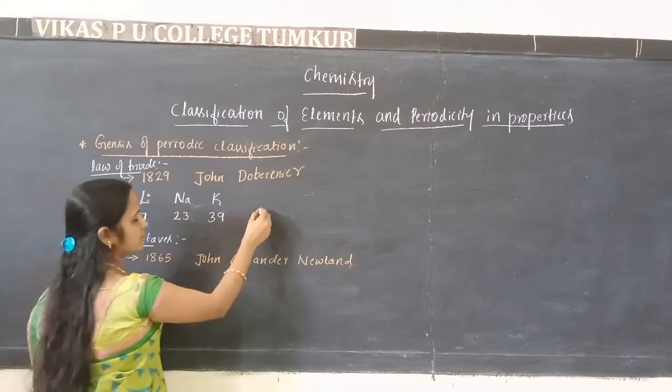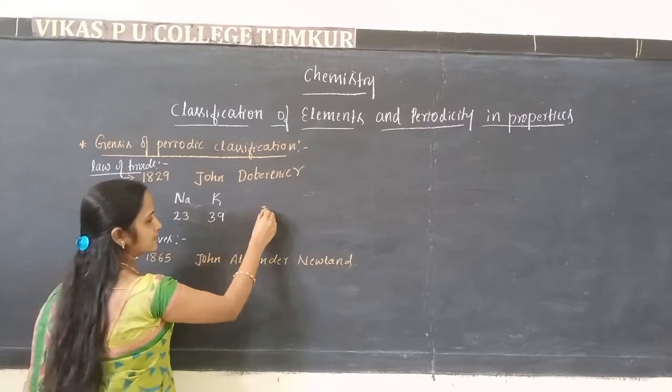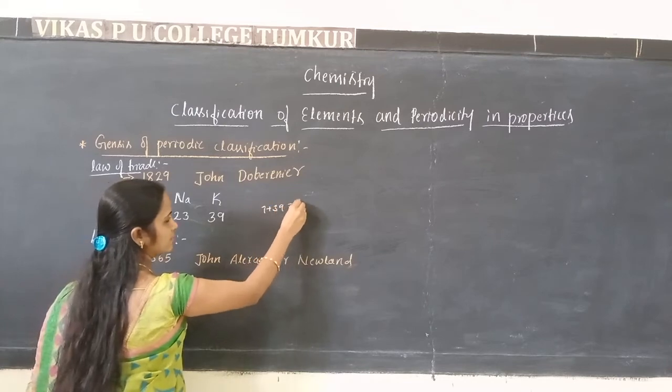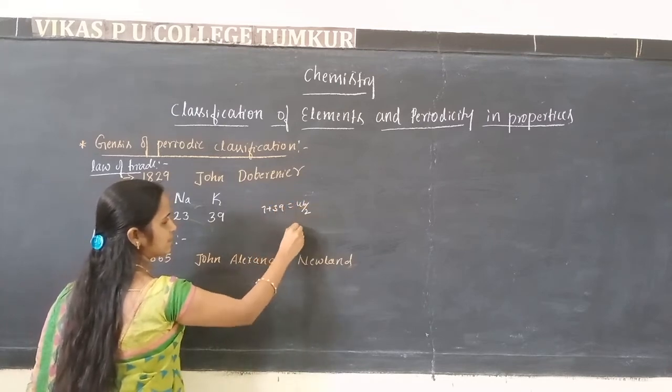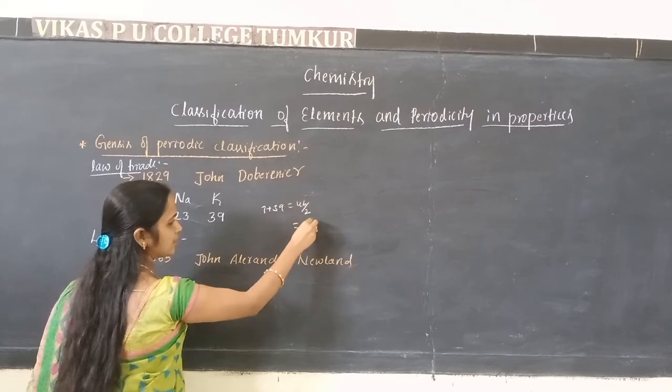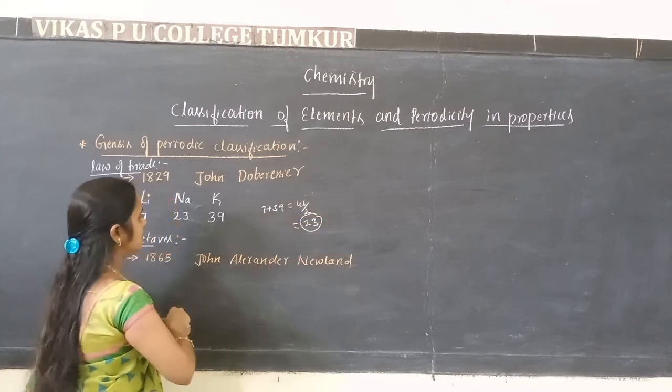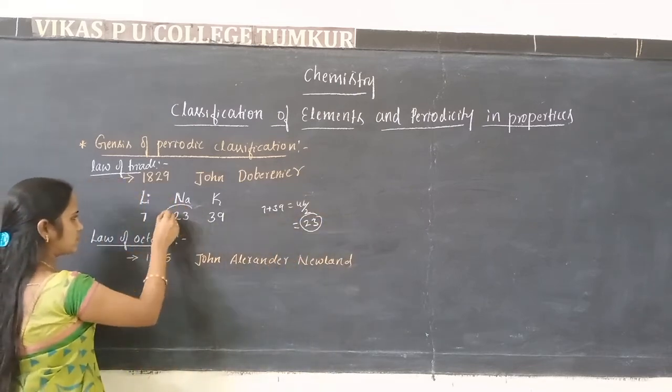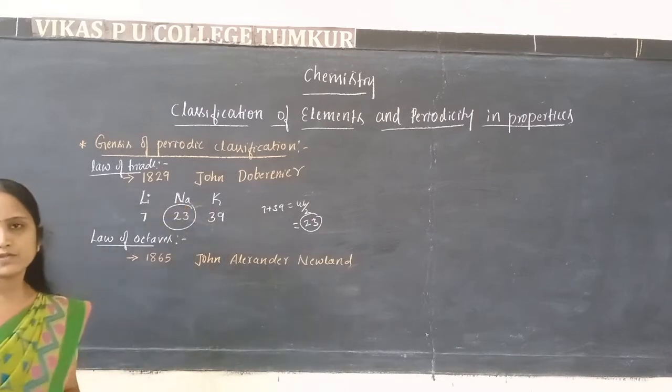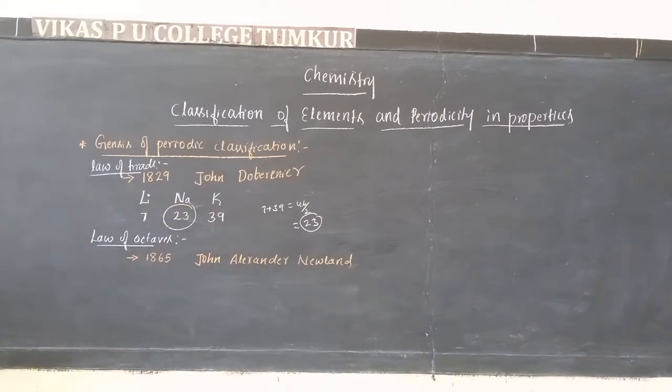The average of these two is 7 plus 39, that is 46. 46 divided by 2 gives 23. This is the atomic mass of sodium.